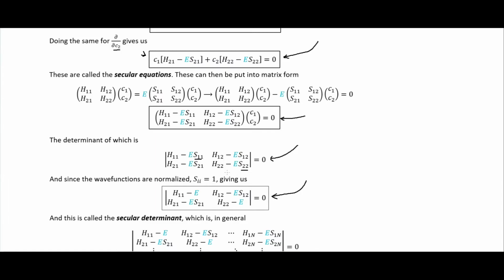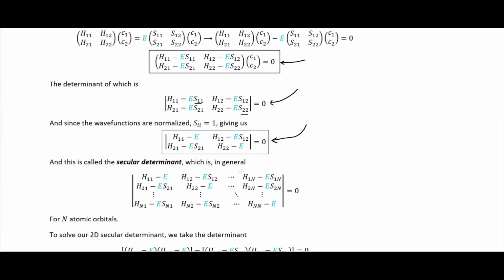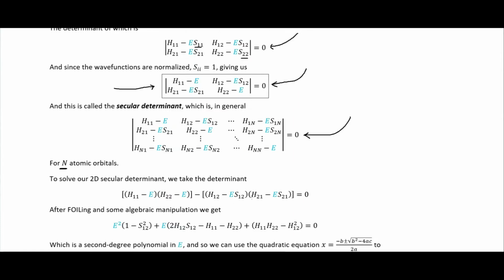This is for our two-state wave function that we are looking at here. But in general, this determinant would be an n by n matrix for n atomic orbitals. This right here is just looking at 2 atomic orbitals, but if we wanted to look at n atomic orbitals, we would have to do this much longer one.